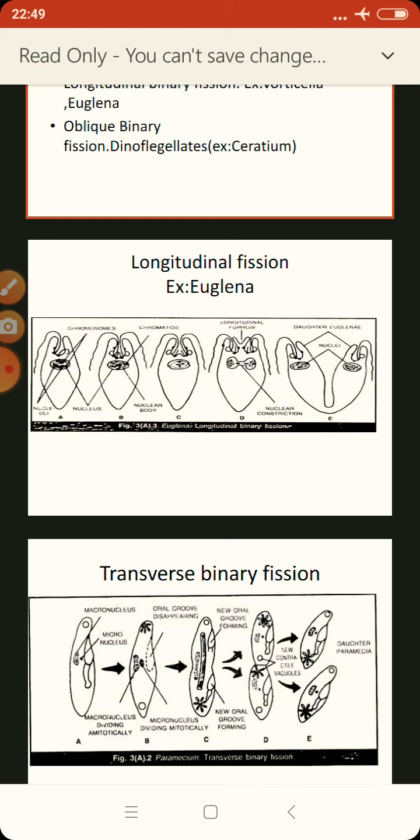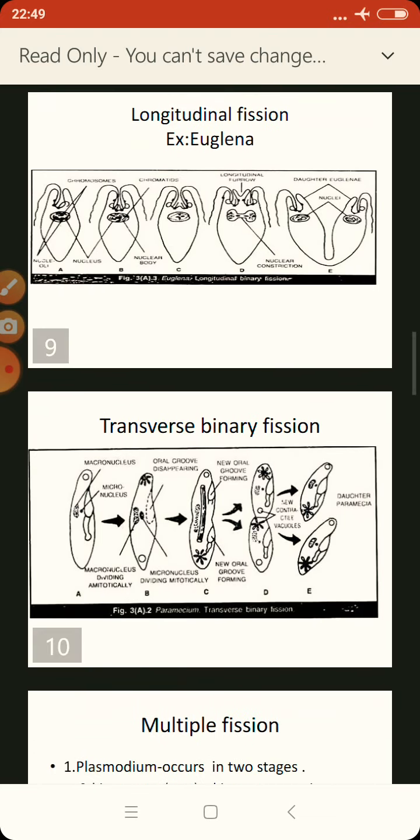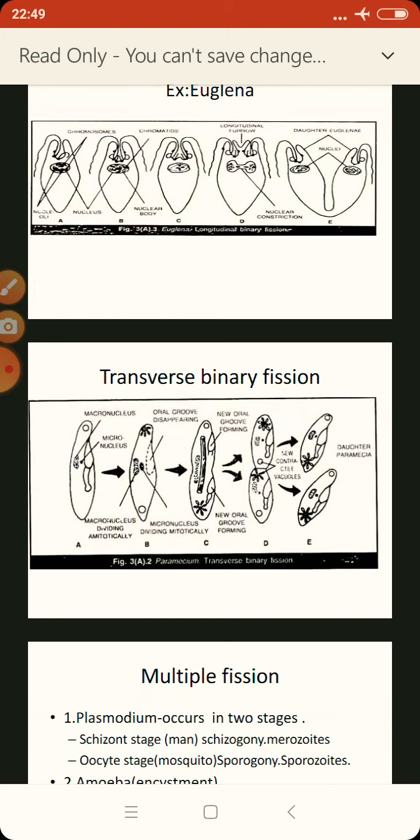The formation of the flagella in Euglena takes place from the basal granule, so the basal granule divides itself into two. When Euglena is about to divide longitudinally, the basal granule also divides and gives rise to two different flagella. That is the longitudinal binary fission we see in Euglena. The picture below shows the binary fission which is transverse.